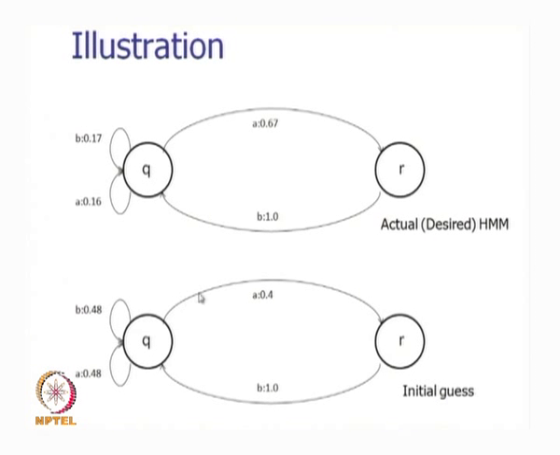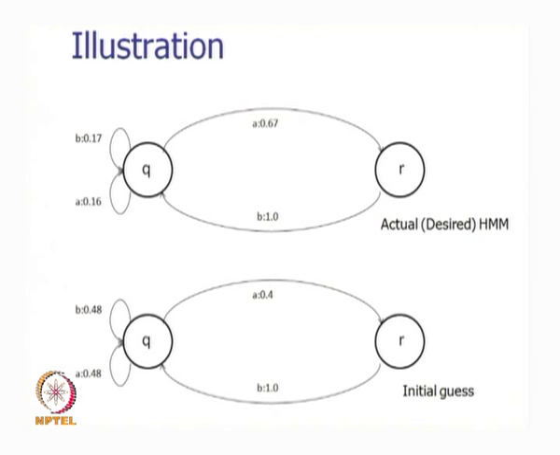So, the probability is 1.0. From Q we find that apart from transition to R on A, we also have transition back to Q on B with probability 0.17 and back to Q on A with probability 0.16. So, this is the machine which is given to us, and we have to learn this machine.